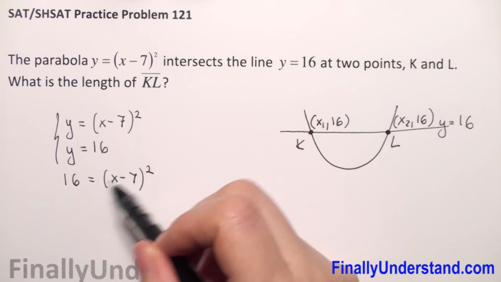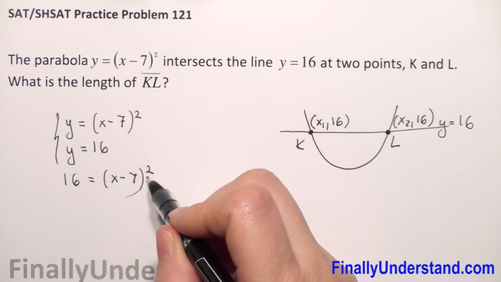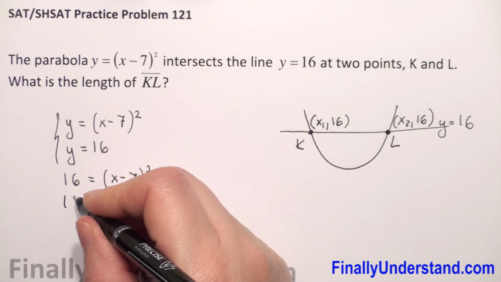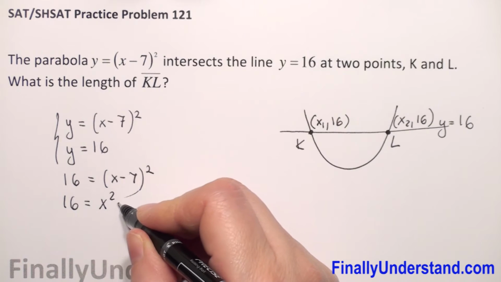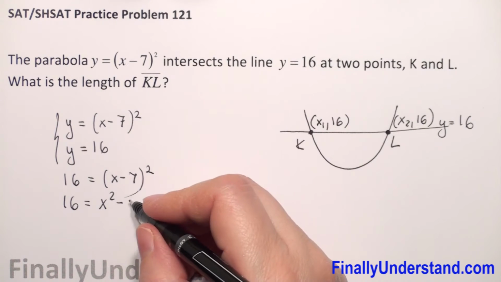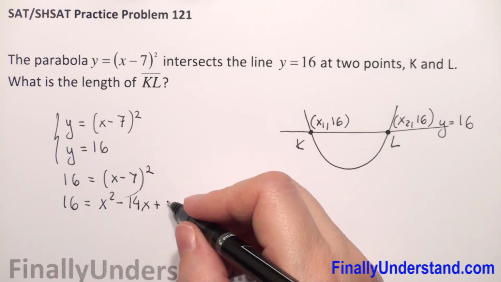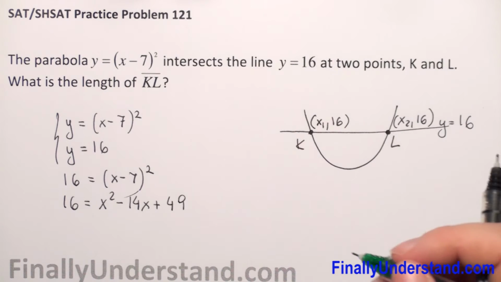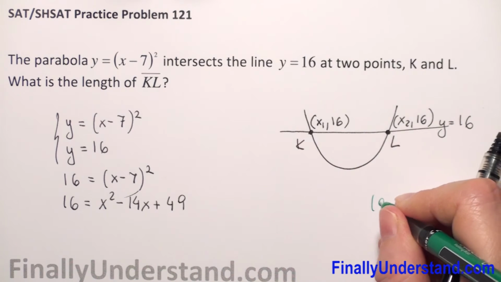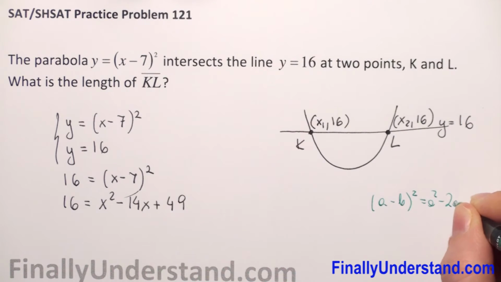Or how else can we solve this equation? We will expand (x minus 7) to the second power. So 16 is equal to (x minus 7) squared, so this is x squared minus 2 times x times 7, so it will be 14x, plus 7 to the second power, which is 49. I just use the formula for (a minus b) to the second power: a squared minus 2ab plus b squared.